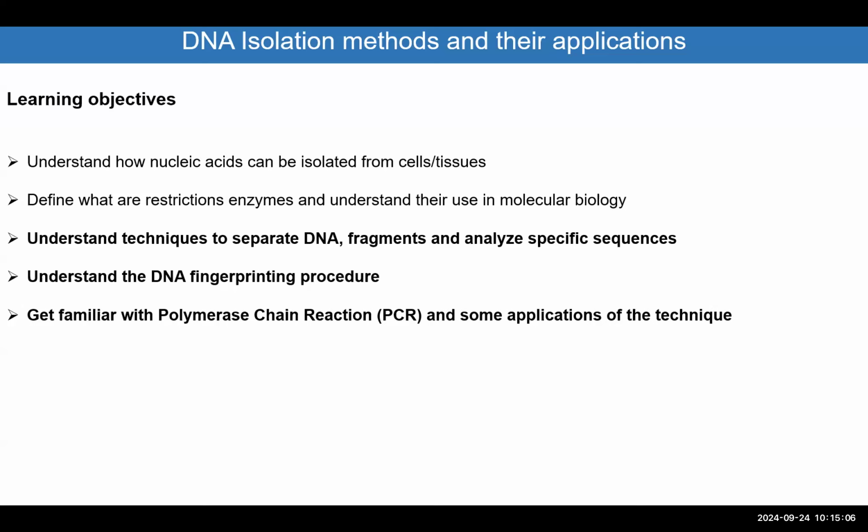So we will start discussing how to separate specific sequences of a DNA out of the whole genome. And we already touched a little bit on this in the previous lecture when we discussed Southern blotting and RFLP, the two techniques that are mostly used. And in principle, today, I will elaborate more on those two techniques.